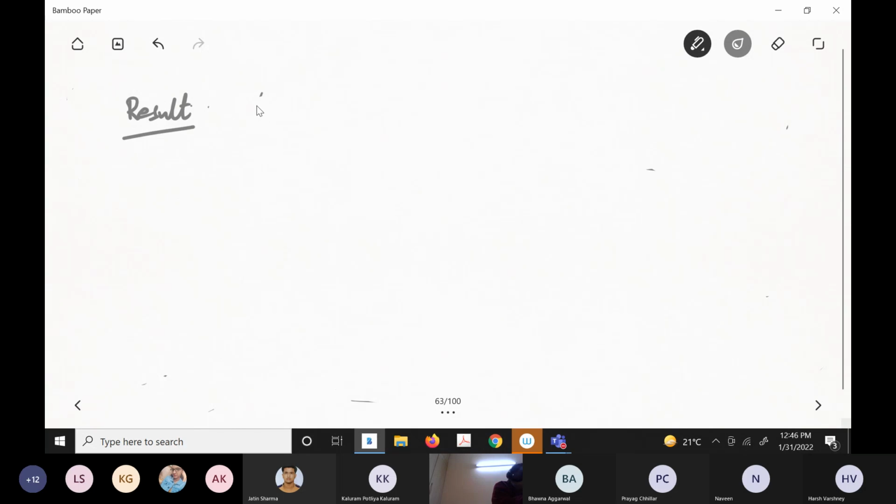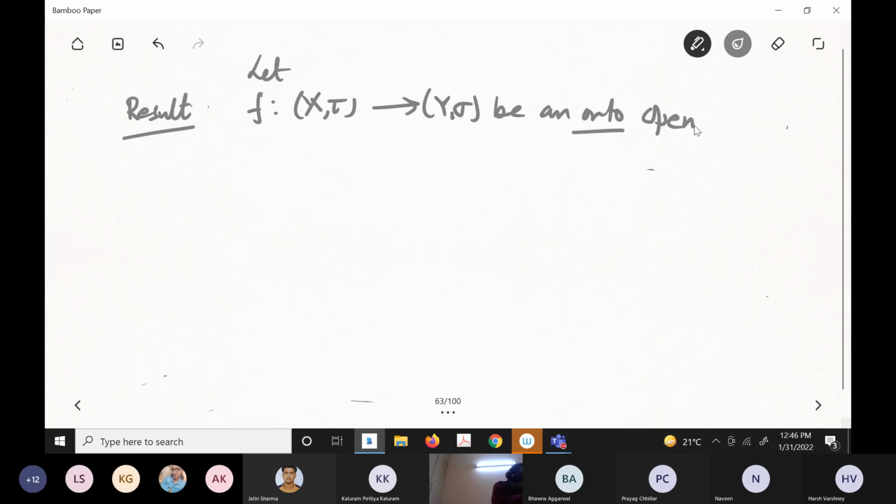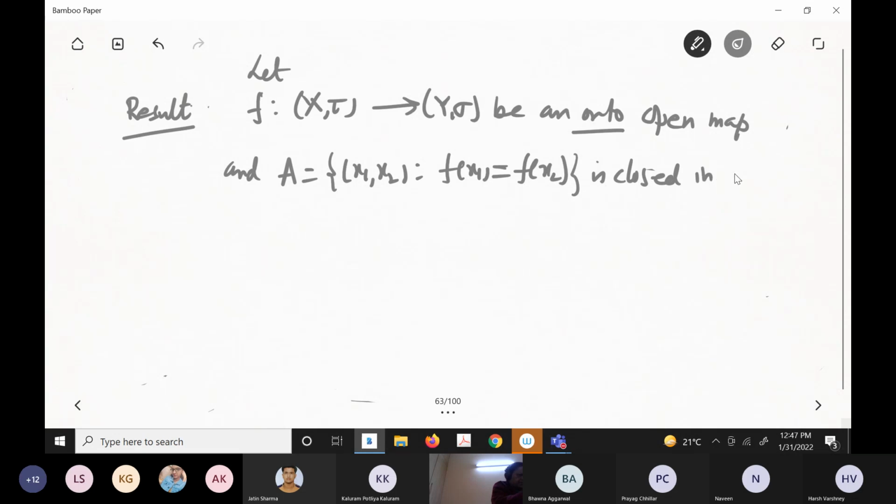That means let f be an open map from (X, tau) onto an open map, (Y, sigma), and this previous set A is closed in X cross X, then Y is Hausdorff.